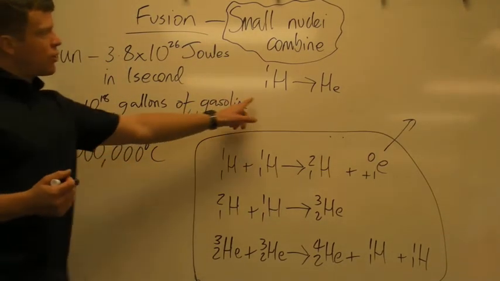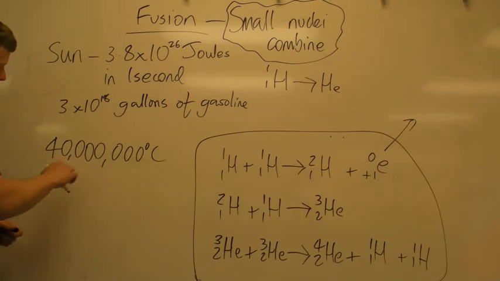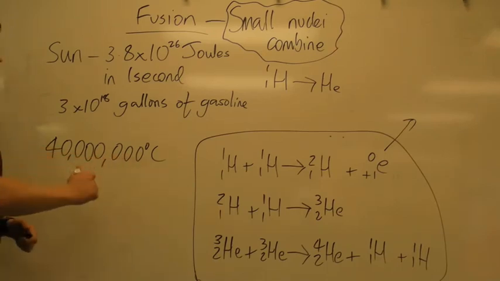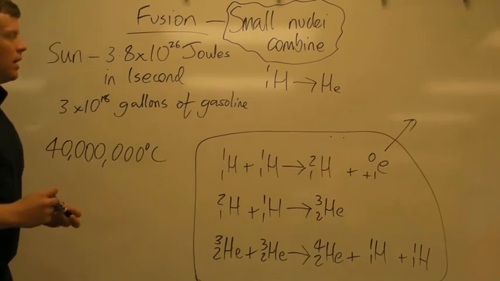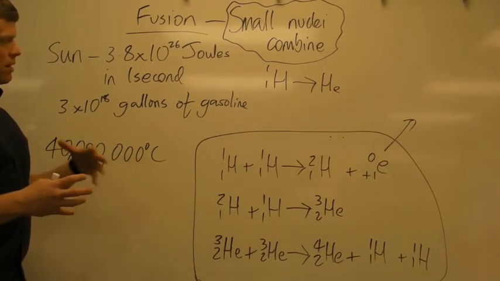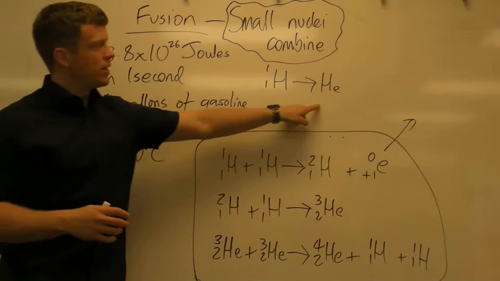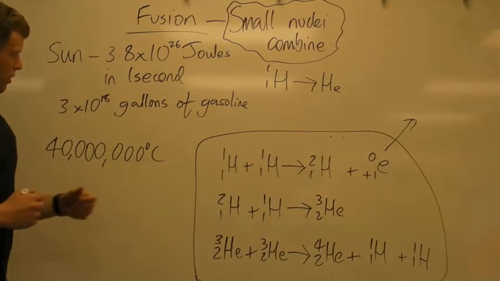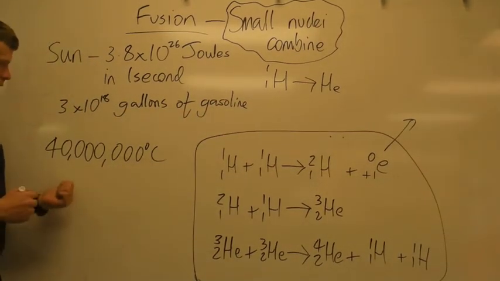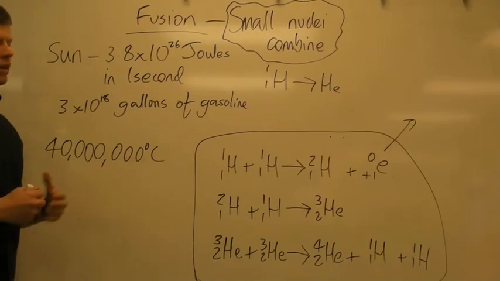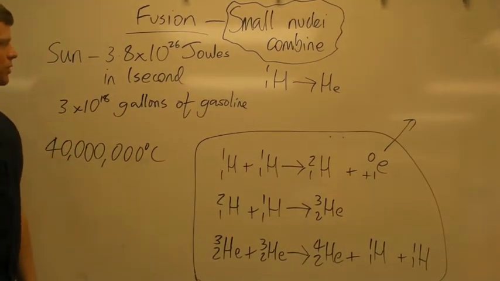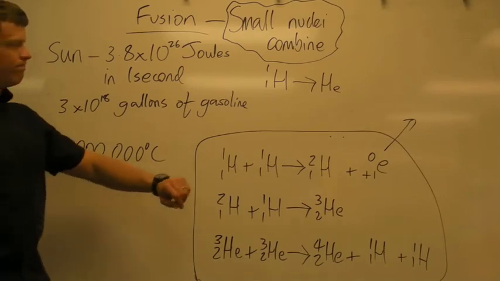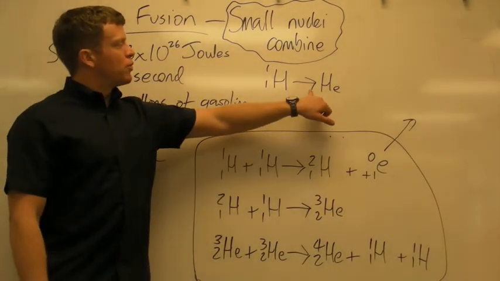This reaction requires a temperature of 40 million degrees Celsius, which is very, very difficult to maintain on this planet. Fortunately, the heat and energy from the sun is driving this reaction. On Earth, we can't economically sustain this temperature for this to be a viable power source, but luckily the sun does this without much thought.